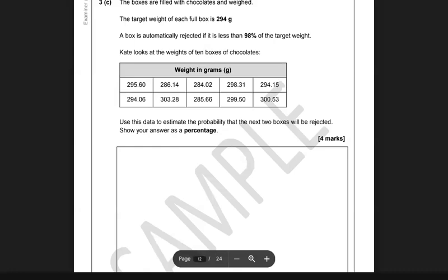So do that one. That means 98%, so that's going to be 294 times 0.98. That gives you 288.12 grams. So 3 of the 10 boxes are beneath that. This one is beneath 288, this one is beneath 288, and this other one is beneath 288.